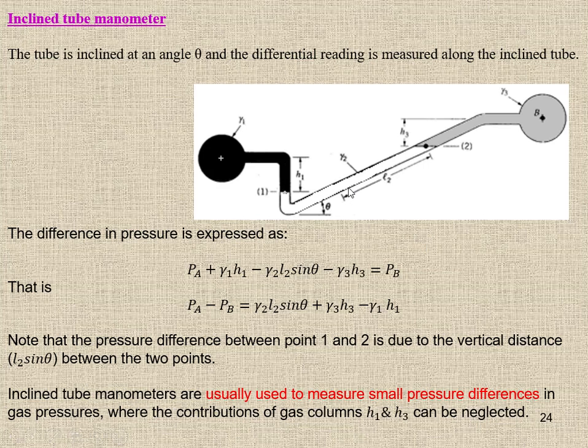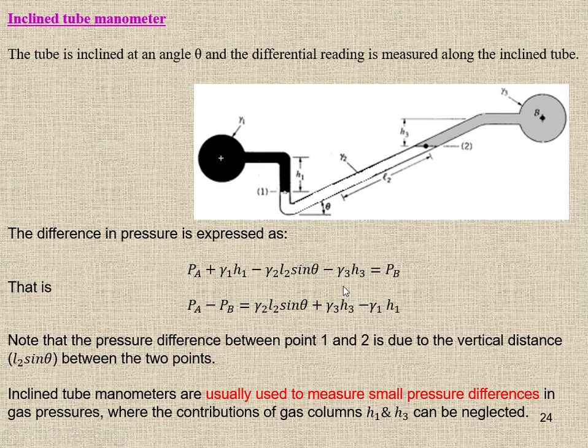But we need the vertical height of the column. So what would be the vertical height of the column of this manometric fluid? You take this as a hypotenuse, the angle theta is given, so the vertical height is going to be L2 sine theta, so it's going to be gamma 2 L2 sine theta. Then again you are moving up, so the height of the column from here to here is H3.